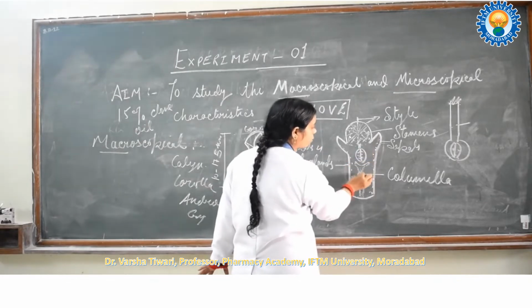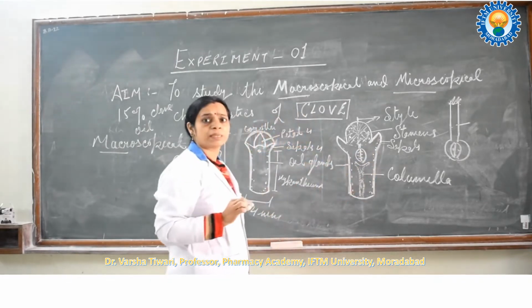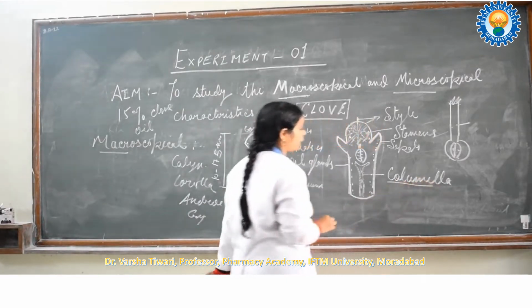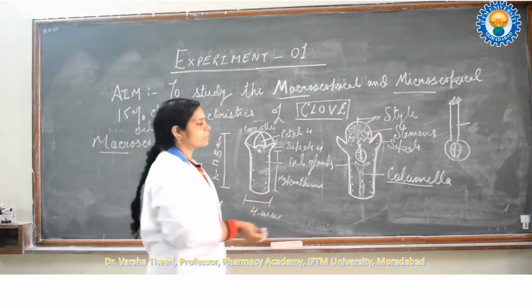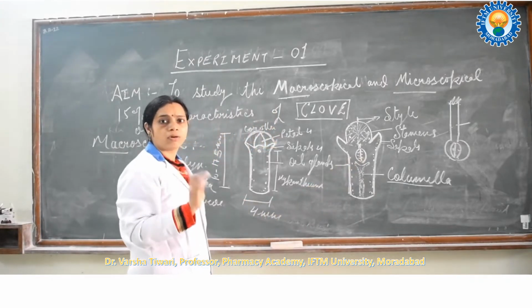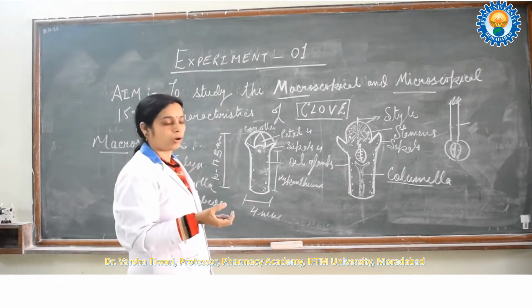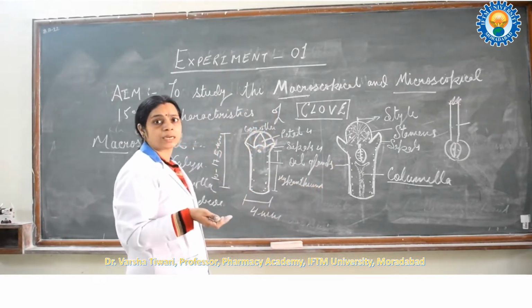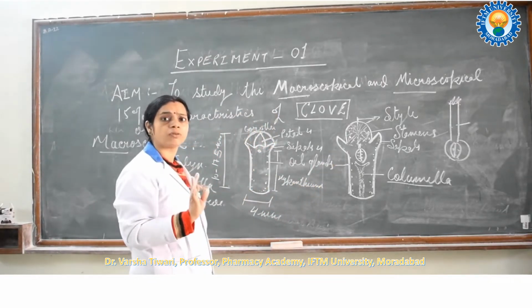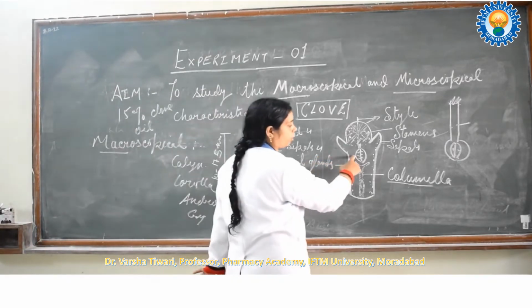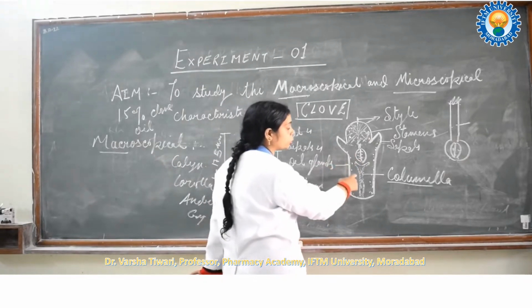And after the ovary, there is a structure present called the columella. So what is the columella? The columella is a support for the ovary, or you can see it like the ovary is sitting on the columella. So when we do the microscopical studies, we have to observe 2 sections. The first is the section through the ovary, and another is the section through the columella.